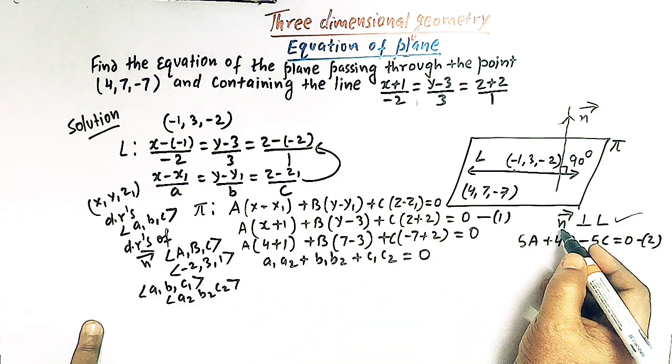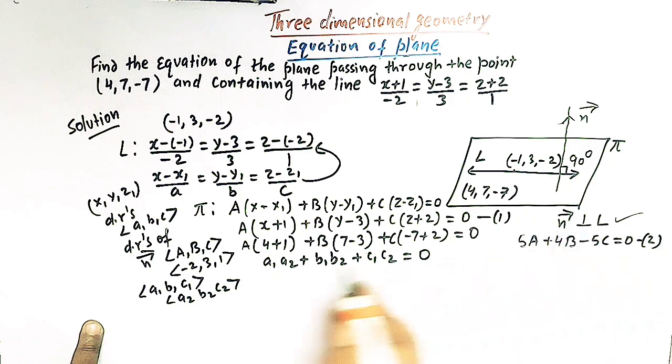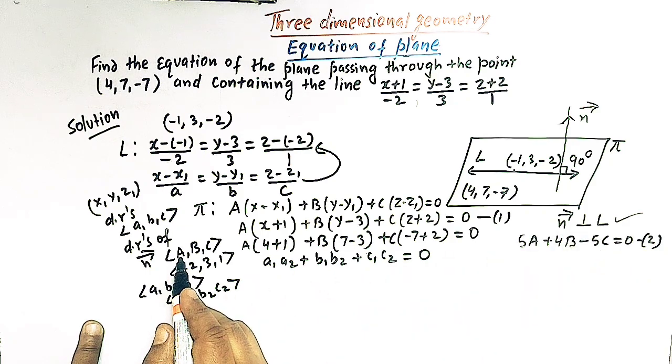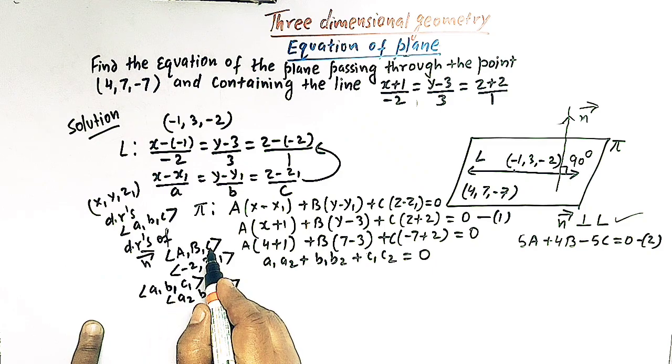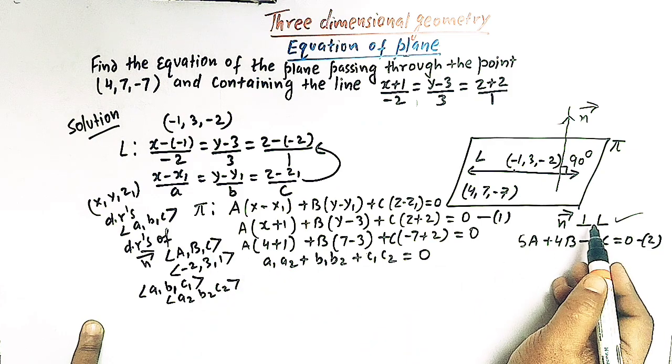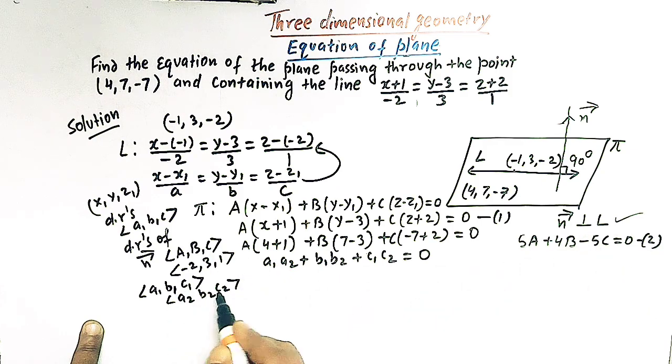So the normal vector n has direction ratios A, B, C, and A2, B2, C2 are -2, 3, and 1.